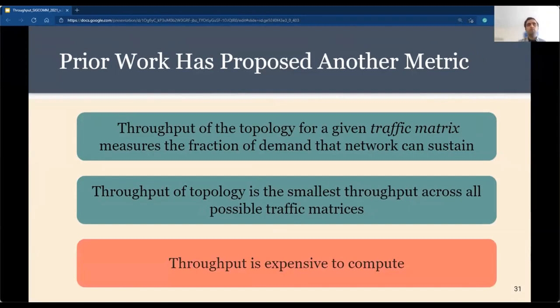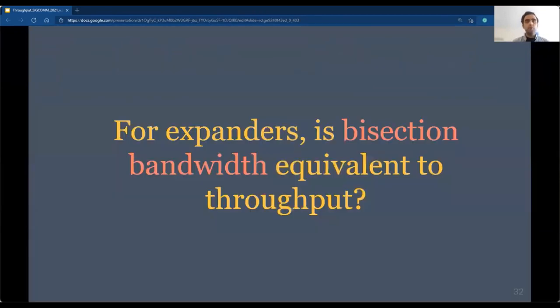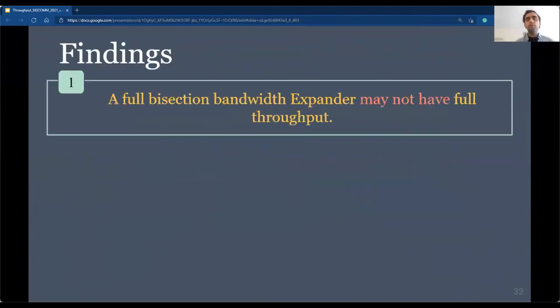But the main problem with throughput is that it cannot scale to commercial data center sizes. So up to now, we have these two metrics. One of them is bisection bandwidth, which is scalable, and the other is throughput, which is expensive, but it's very accurate. It turns out that the relation between these two is not very well known. So what we did is we first show that full bisection bandwidth is not equal to full throughput for expanders.